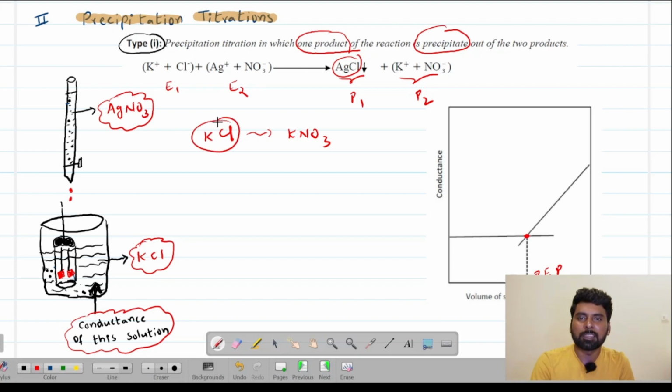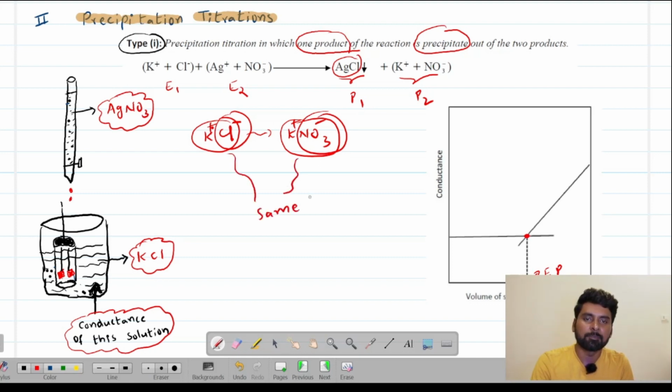Whatever KCl is simply converting to KNO3, and potassium ions, remember, out of the cations and anions, which will have more ionic mobilities? Generally cations have more speed than the anions. Here both chloride ions and nitrate ions have the same mobility.